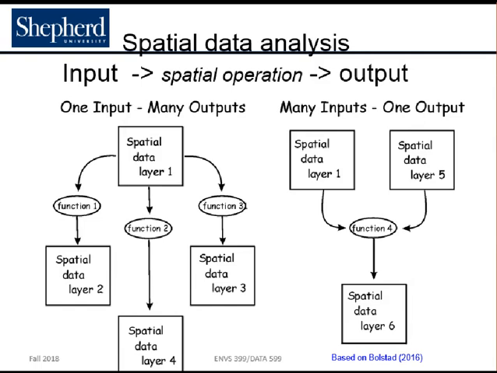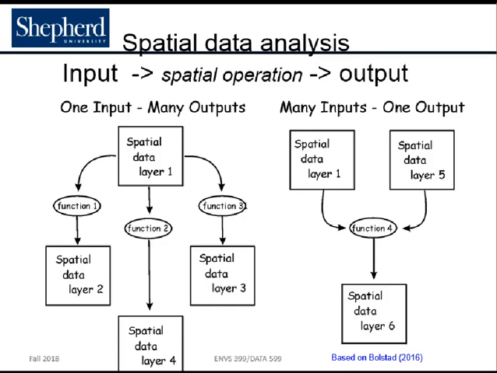Spatial data analysis usually involves using data for one or more layers to create an output. The analysis may be a single operation applied to one data layer, or many operations that integrate data from many layers. Some operations, such as terrain analysis, may take data from one layer and create multiple outputs.